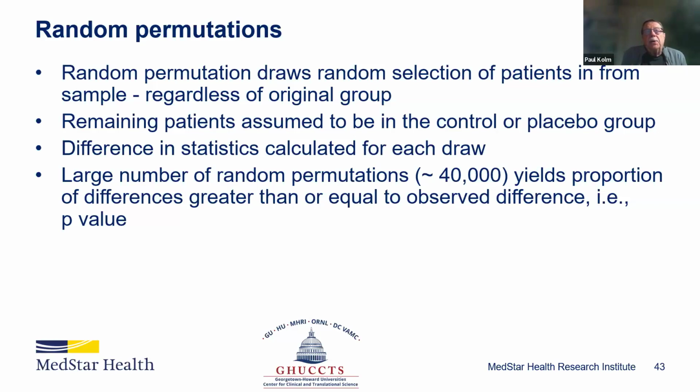And we do a really large number here, usually on the order of 40,000. Some years ago in the Journal of the American Statistical Association, there was an article where the author looked at this: how many do you need to do?